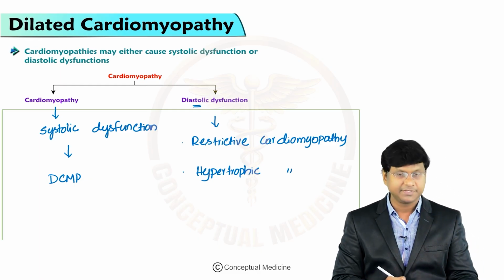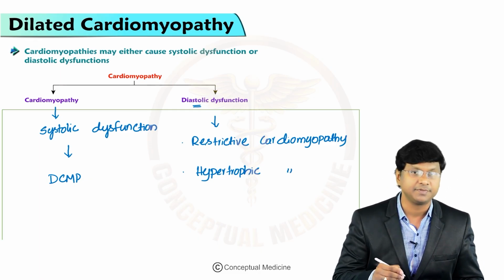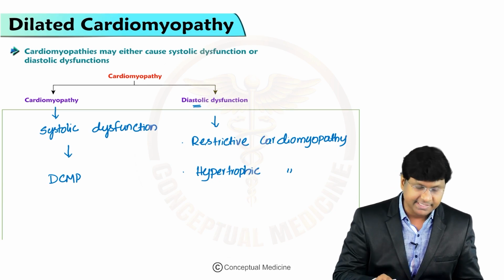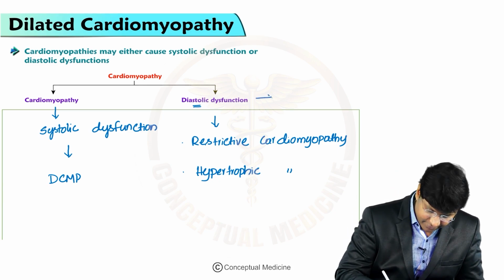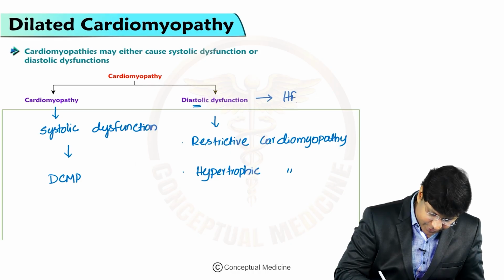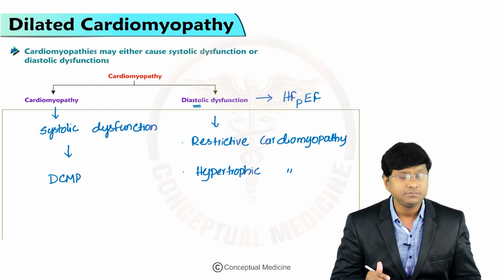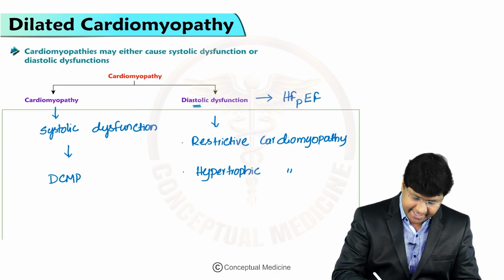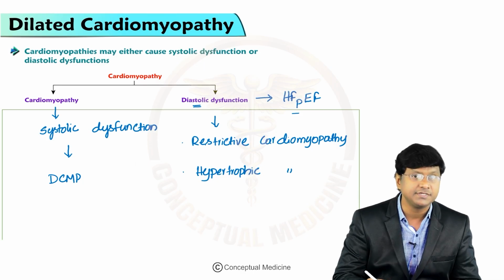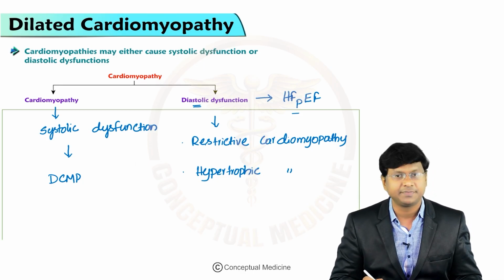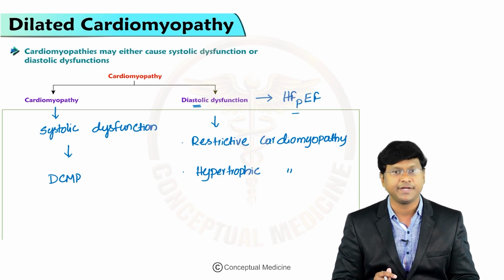These are the conditions where you will have heart failure with preserved ejection fraction. So, heart failure with reduced ejection fraction is dilated cardiomyopathy, and heart failure with preserved ejection fraction is restrictive cardiomyopathy and hypertrophic cardiomyopathy.